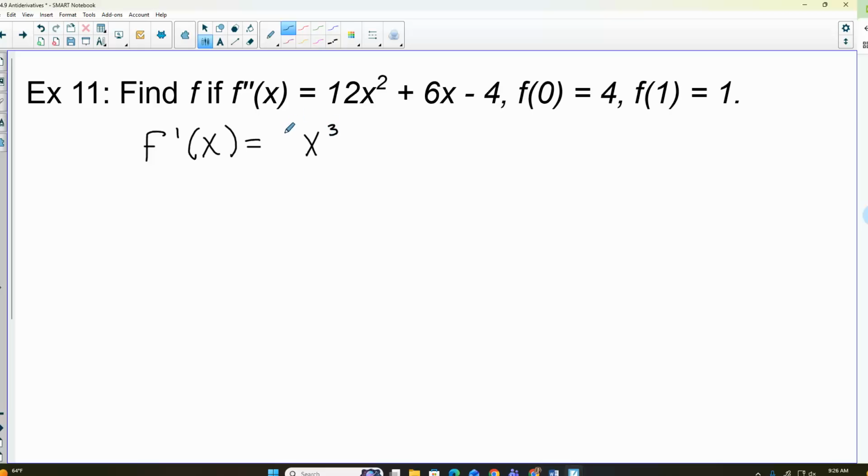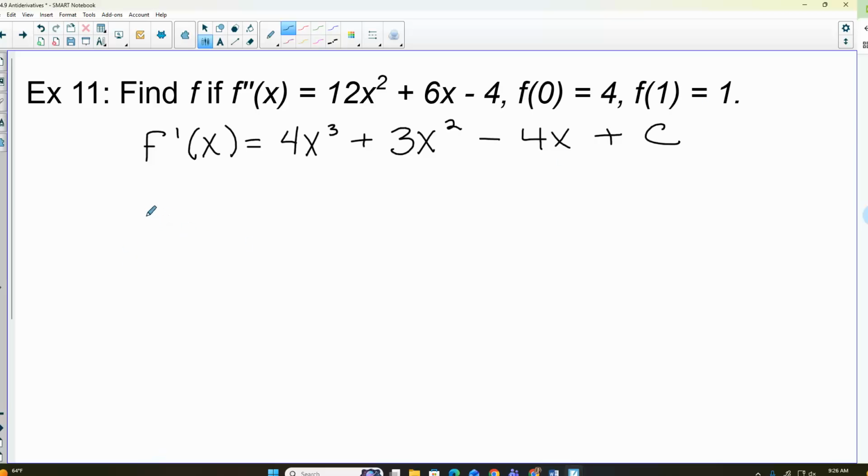So we need a 1/3 in front. 1/3 times 12 is 4. Okay, 6x. So add 1, that's x squared. So we need a 1/2 in front. So 6 times 1/2 is 3. Minus, what would be the antiderivative of 4? 4x. And then what would we have on the end? Plus c. All right, did I give you a point on the first derivative? No, so I can't find my c yet.